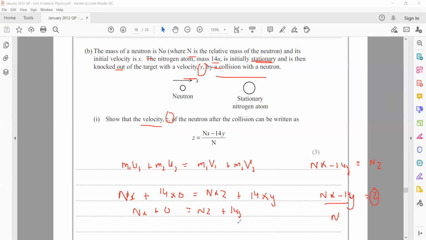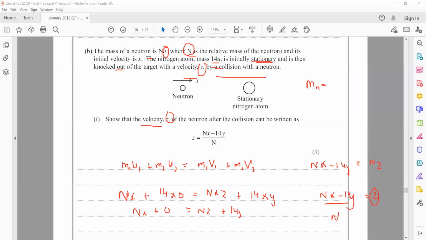Sir, in the first step, when you wrote the mass for m1, you only wrote n and not nu. Why? Why did I not use the full one? Because what is the mass of the neutron? n is the relative mass of the neutron. What is u? u is actually a unit.